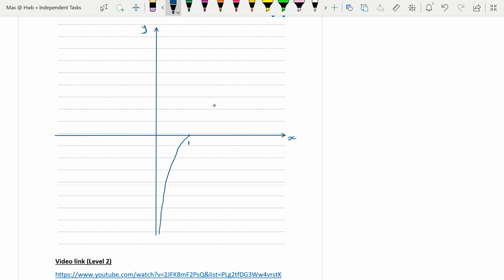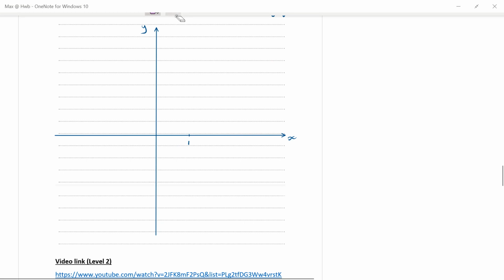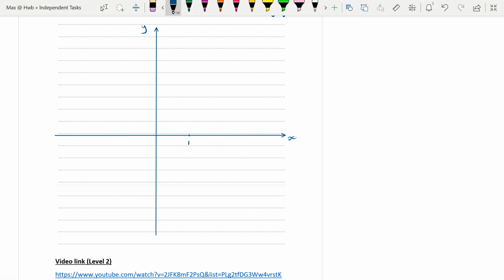And we should have an asymptote, so it should never actually touch the y-axis. And then it's going to come up like so, rounding off a little bit. I'm going to draw that a little bit better, but that's the kind of shape that we're looking at here. So I'm going to come up, hit 1, and keep going like so. That is my y equals f of x.